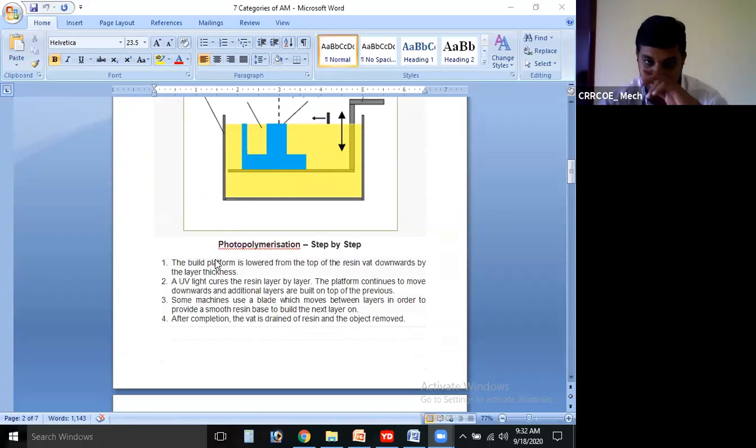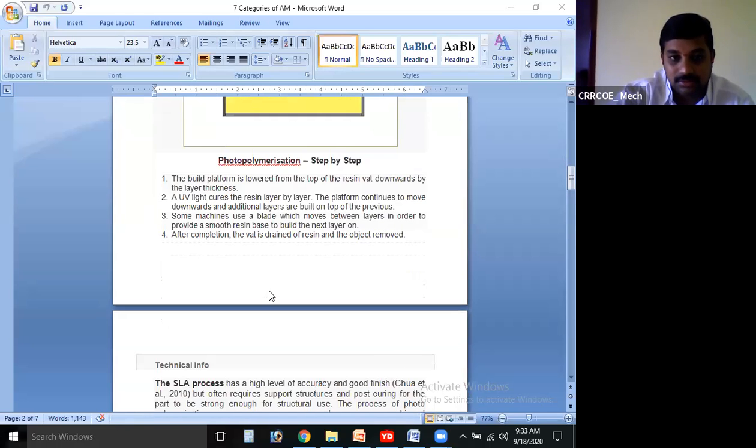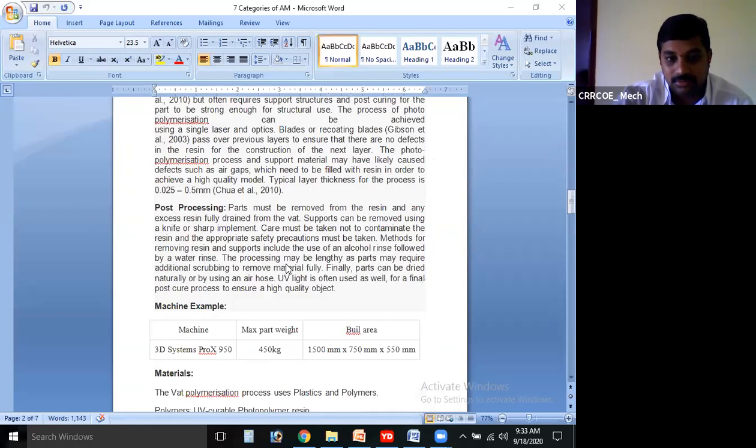This is the step-by-step process. The build platform is lowered from the top of the resin vat downwards by the layer thickness, after completion of one layer. This SLA process description is given here, already discussed.